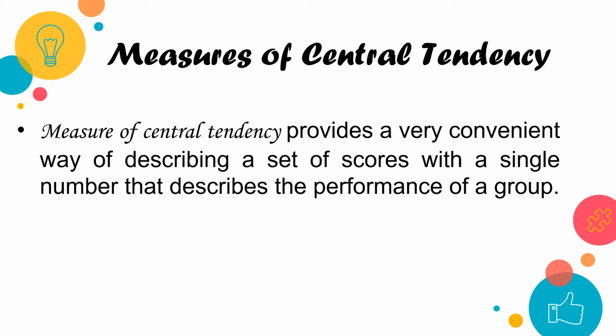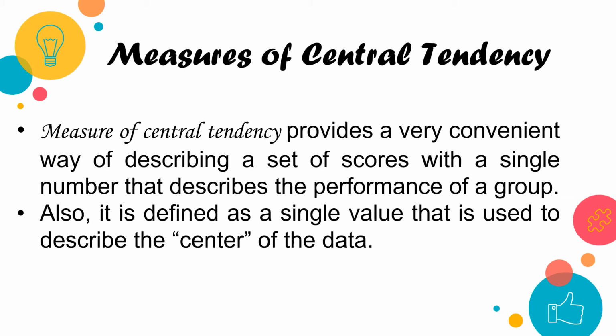So that means the concentration of most of the scores of that particular group is 5. It is also defined as a single value that is used to describe the center of the data, the point where most of the scores of the students fall.